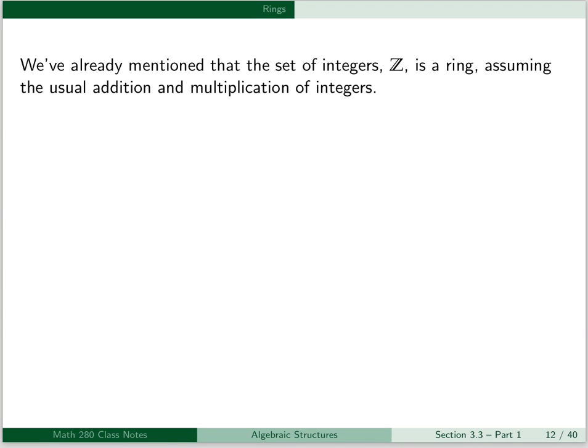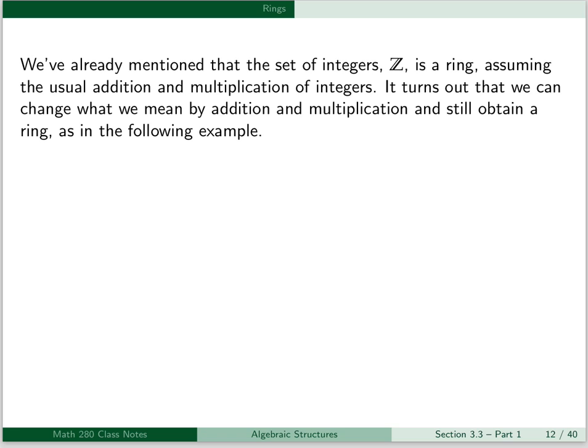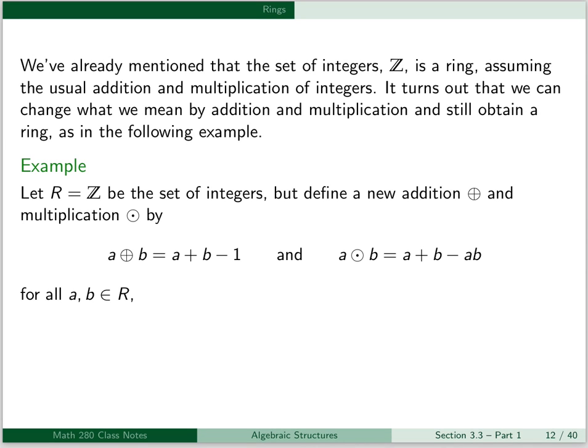We've already mentioned that the set of integers Z is a ring, assuming the usual addition and multiplication of integers. It turns out that we can change what we mean by addition and multiplication and still obtain a ring, as in the following example. So we're going to let R equal Z be the set of integers, but we're going to define a new addition and a new multiplication, and we'll distinguish these from the usual addition and multiplication by putting a circle around the plus and the dot.